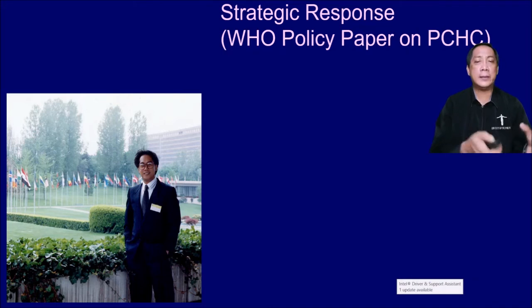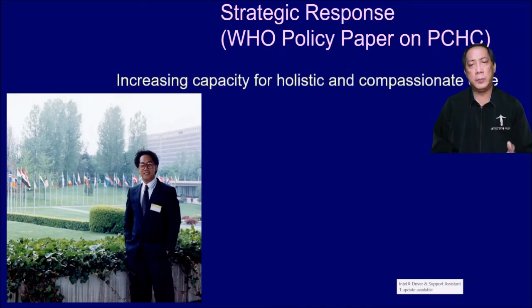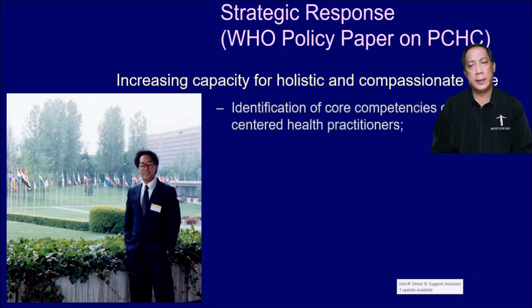So with that, it resulted in what is known as the WHO policy paper on primary health care, or the strategic response to primary care, and that would be increasing capacity for holistic compassionate care. And here is where we come in: identification of core competencies of people-centered health practitioners.